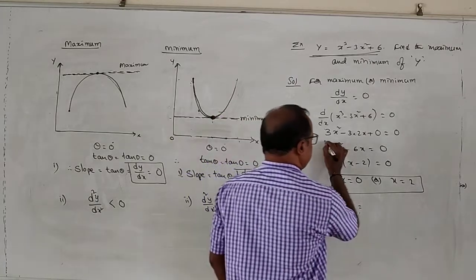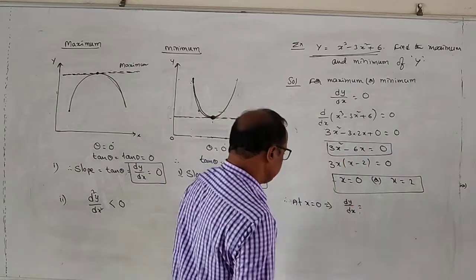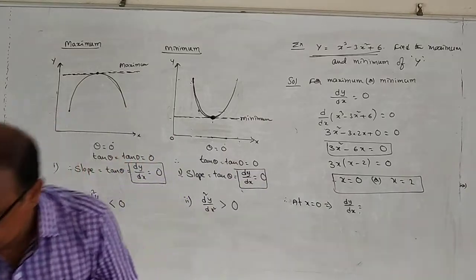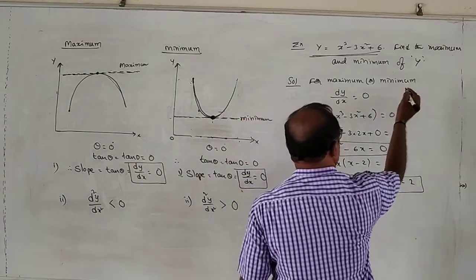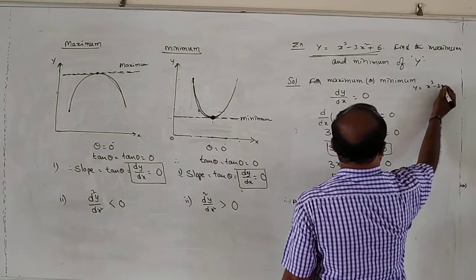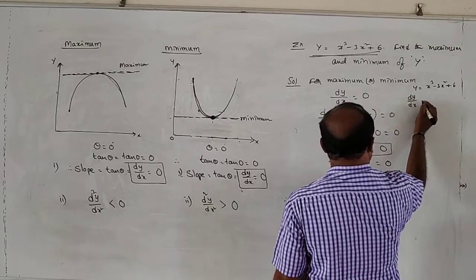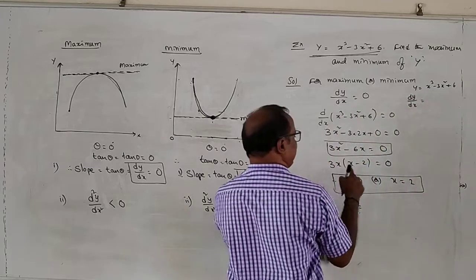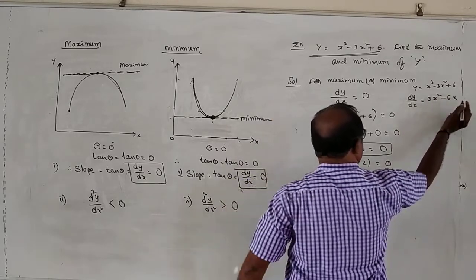Suppose y is equal to x cube minus 3x square plus 6. dy by dx is equal to 3x square minus 6x.